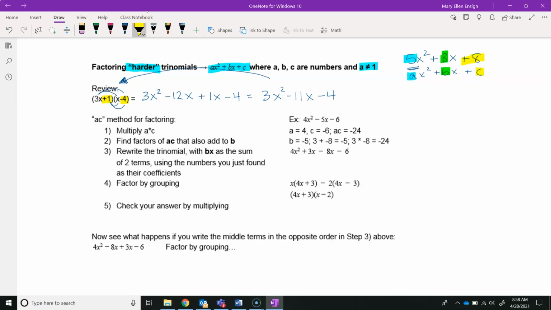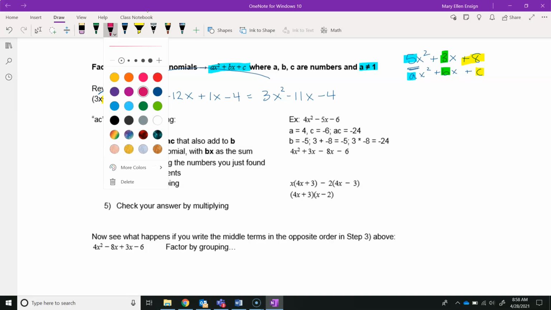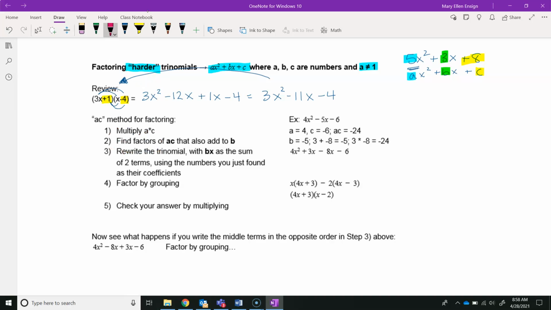So why is that? Well, in this case, it's because I don't just multiply. When I multiply 1 times x, that gives me 1x. But when I multiply -4 times 3x, in our easier ones there was never a number in front of the x. It was just x, right? So -4 times x is -4x.